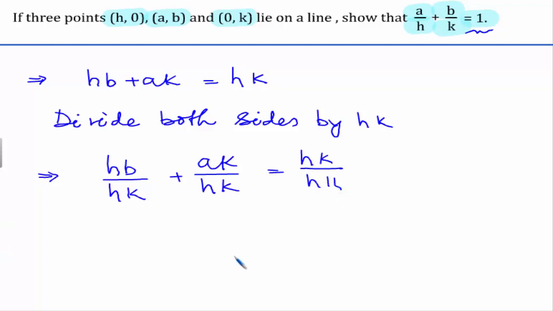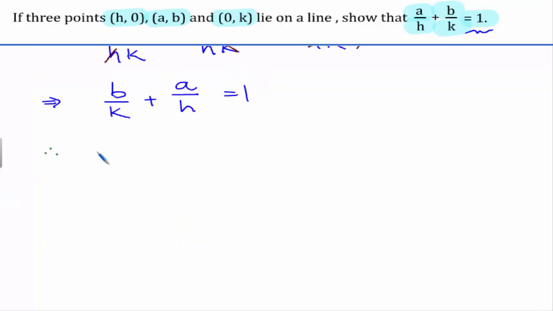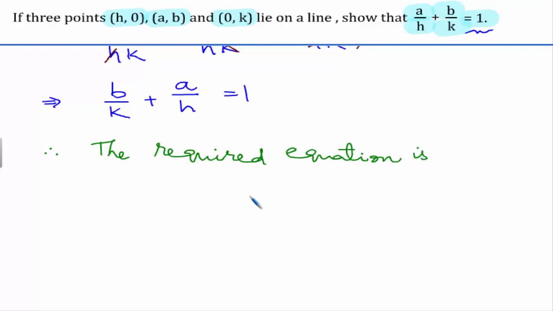Now if we simplify this, we get 1 here, and here k gets cancelled, here h gets cancelled. We are left with b by k plus a by h is equal to 1. So therefore the required equation is a by h plus b by k is equal to 1.